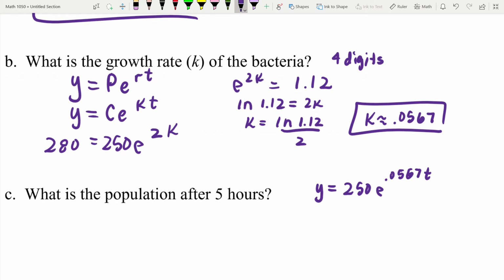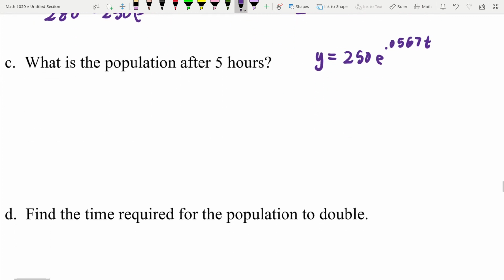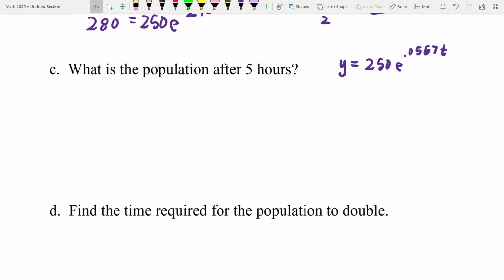Okay, so step number 1, find your k, we did it. Step number 2, find the model, that's y equals 250 e to the 0.0567 t, and now all I have to do is answer the questions. So this model right here is what I'm going to use to answer all the rest of the questions. What is the population after 5 hours? Well, that's easy.